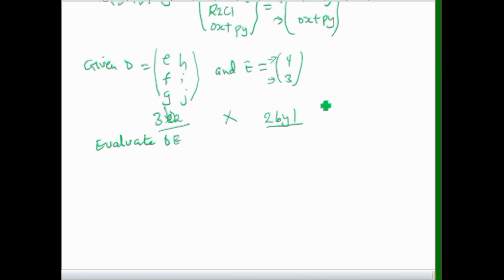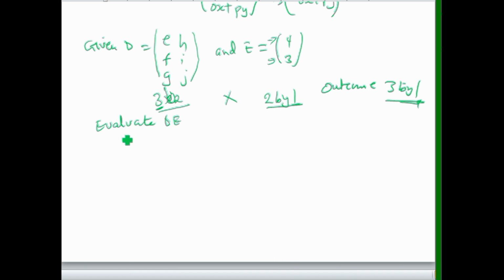Now from here you can predict the outcome. We said the outcome is this number of rows by that number of columns, which is a 3 by 1 matrix. Can we now solve and find out if it is true? Let's proceed.